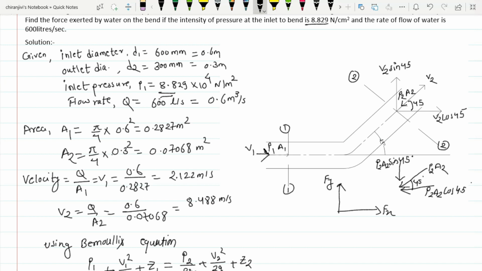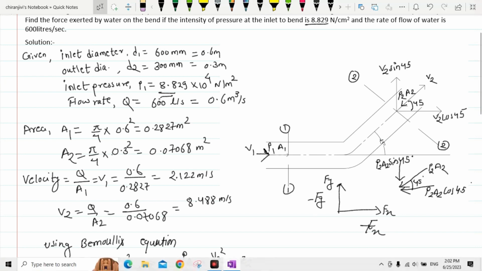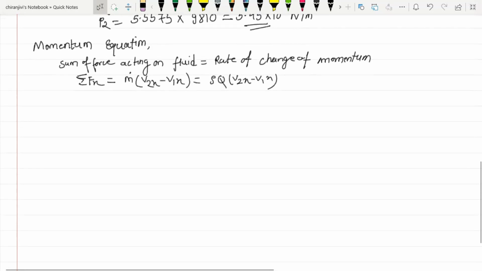So fluid is experiencing a force of minus Fx in x direction and minus Fy in y direction. We can use this in the formula: force experienced by the liquid is minus Fx and plus P1 A1, the pressure force at inlet, and minus P2 A2 cos 45.